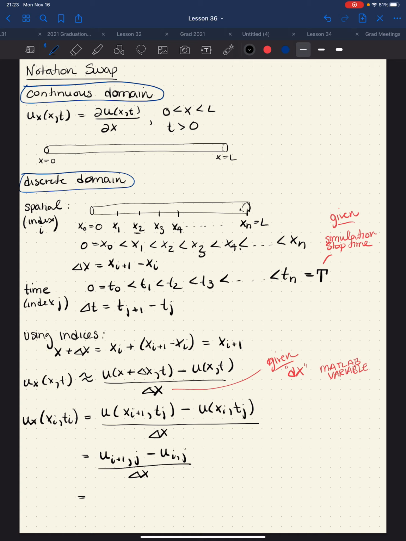So what you can actually do is use superscripts to represent time. I think that does make things less crowded. So u_{i+1} superscript j, minus u_i superscript j, divided by delta x. And you can see that if you did have another spatial direction, let's say you had y, and you let the index for y be k or something.